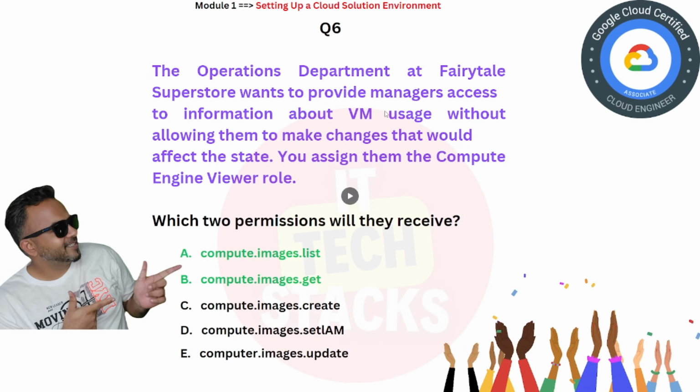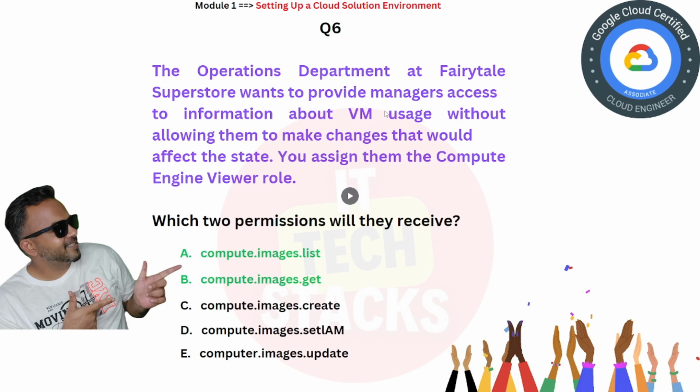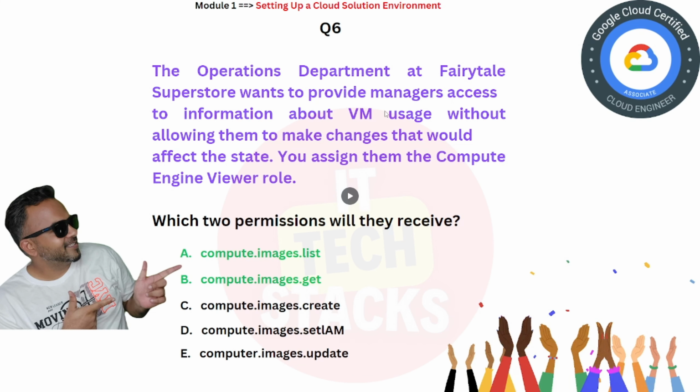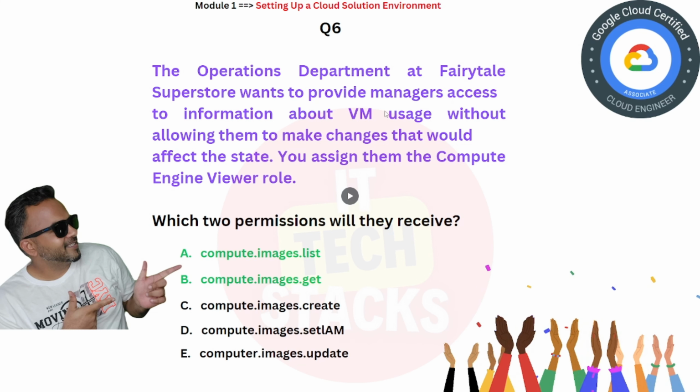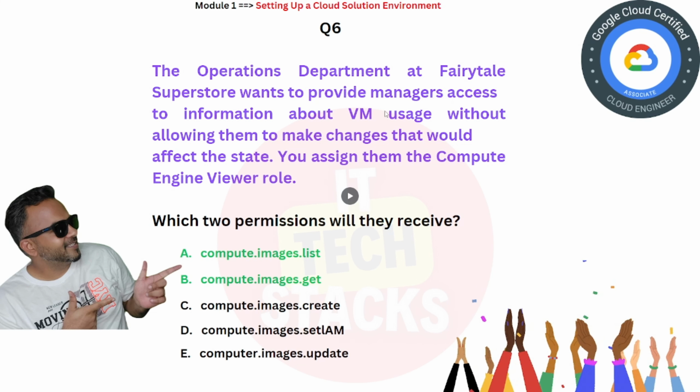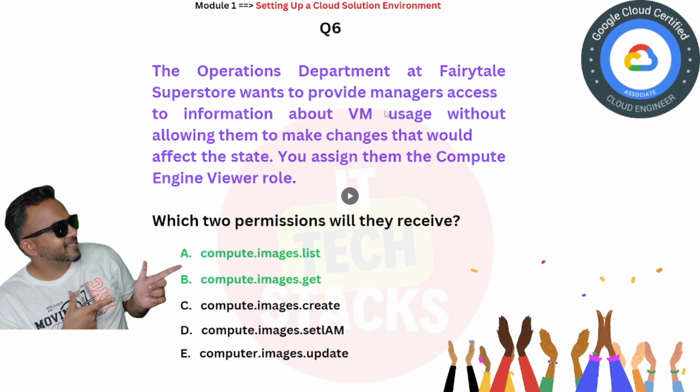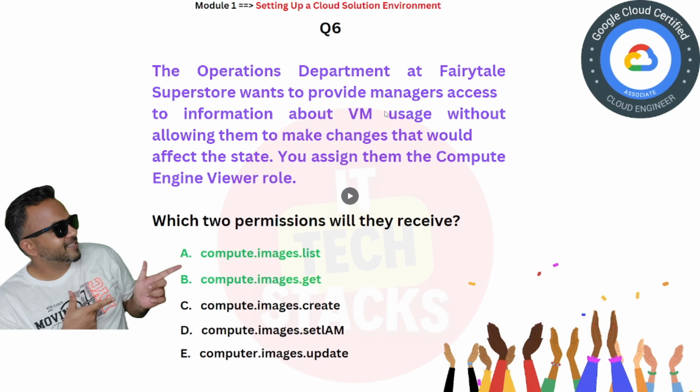Yes, the correct answer is compute.images.list and compute.images.get. Okay, so when the operations department at Fairy Tale Superstore wants to provide managers access to information about virtual machine usage without allowing them to make changes that would affect the state, you assign them a compute engine viewer role.